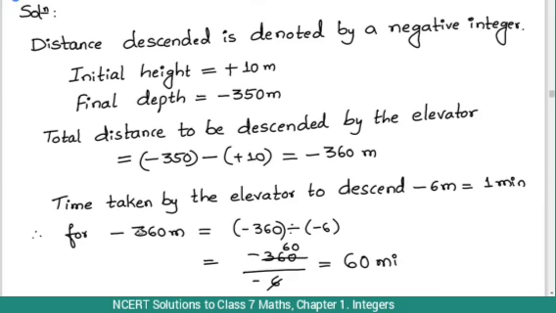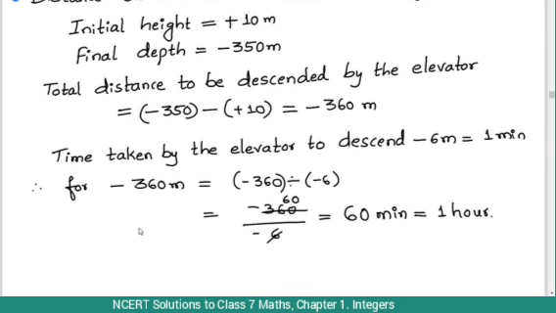The minus signs get cancelled. Answer is 60 minutes, which is nothing but 1 hour. Therefore, time taken to reach minus 350 meters is 1 hour.